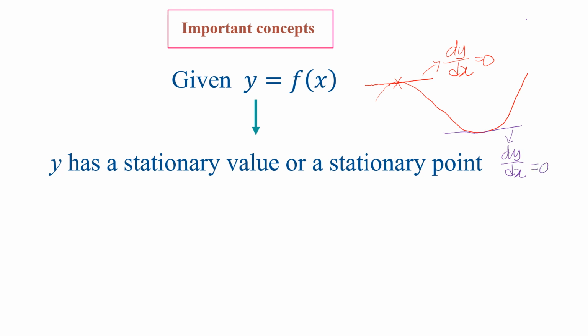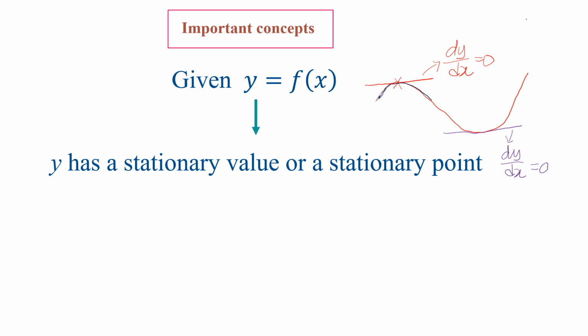Because if you were to trace the curve, you imagine you are somewhere here and then you travel all the way up here. When you reach the highest point, basically you will just stop there for a while before you proceed further down. So you can compare this with riding on the roller coaster, right?